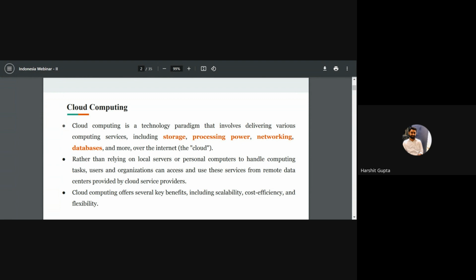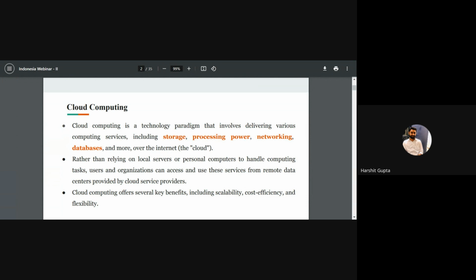So how will we compute such a large data, how will we store it, and how can we apply different methods on this data? To have a proper understanding of that, we will get to know about the term cloud computing.